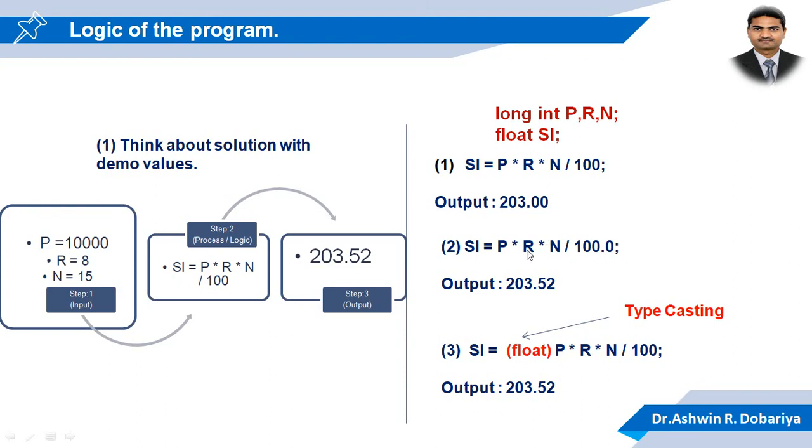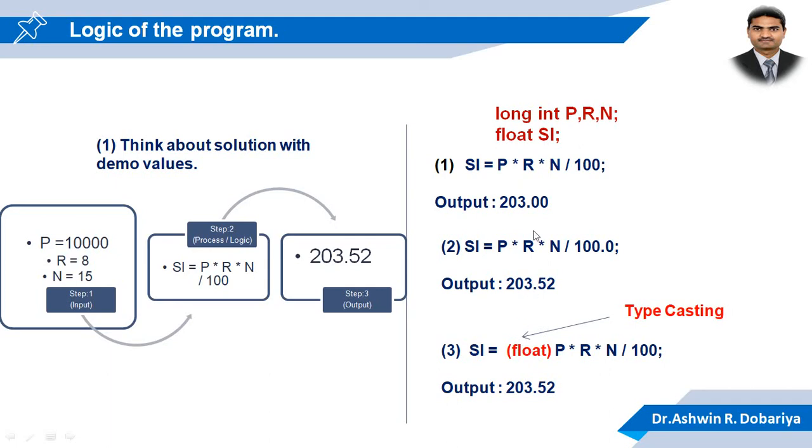So data type is always promoted from lower to higher. Why is it lower? Because we know that the integer data type occupies 2 bytes of memory, but long integer occupies 4 bytes of memory. Similarly, float also occupies 4 bytes of memory. This is the reason, we'll discuss it in detail, right?